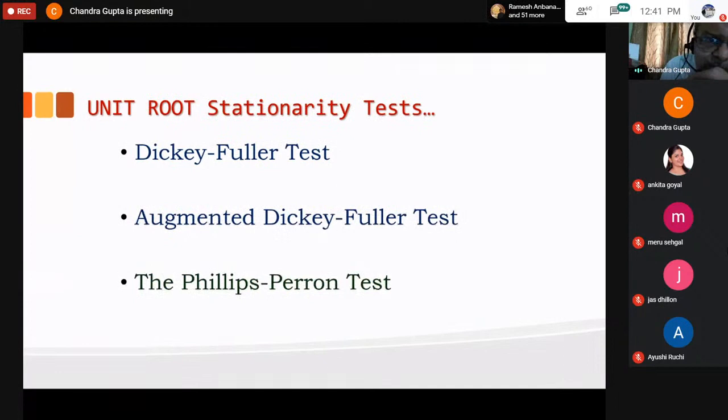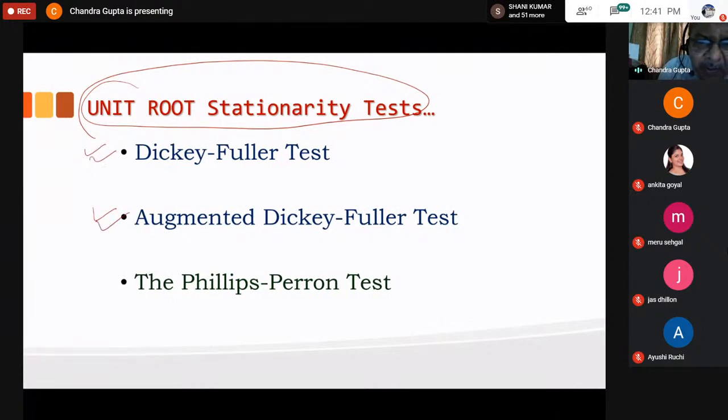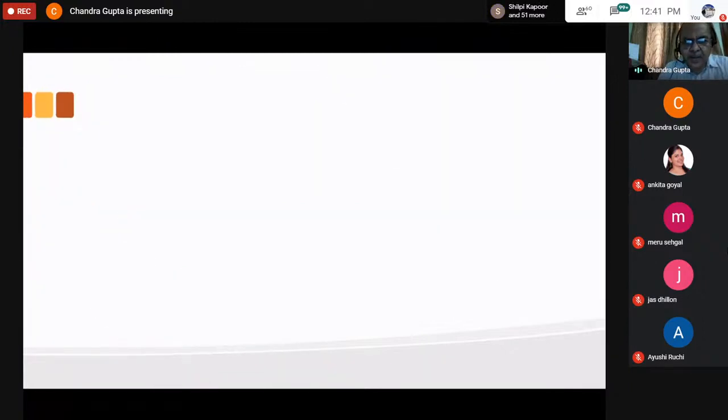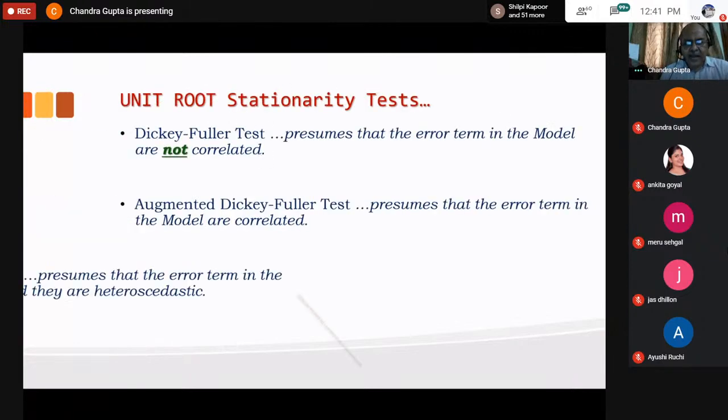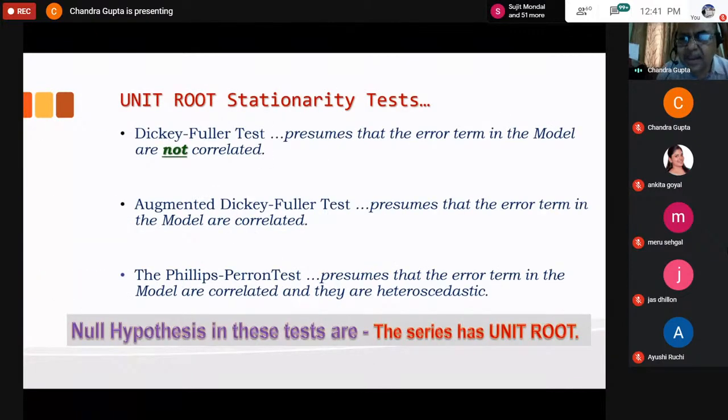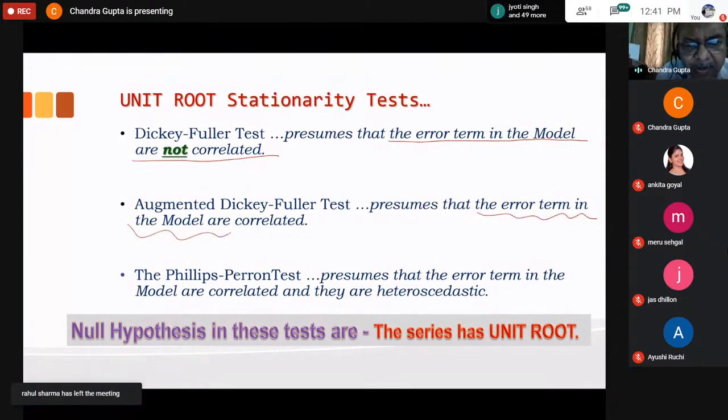And to check unit root stationarity, we have the Dickey-Fuller test, the augmented Dickey-Fuller test, and the Phillips-Perron test. Let's see under what conditions you can make use of these tests. The Dickey-Fuller test presumes that the error term in the model is not correlated, while the augmented Dickey-Fuller test presumes that the error term in the model may be correlated.